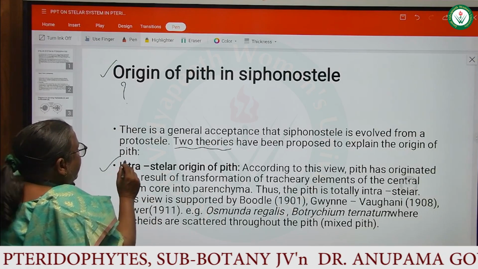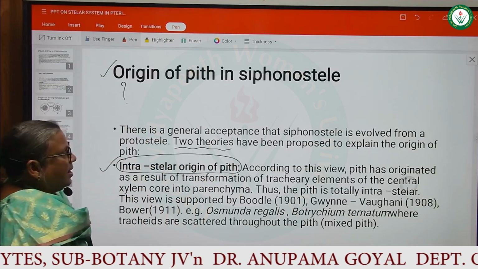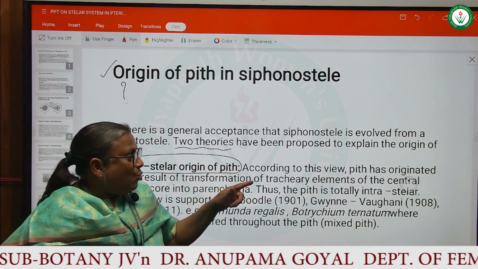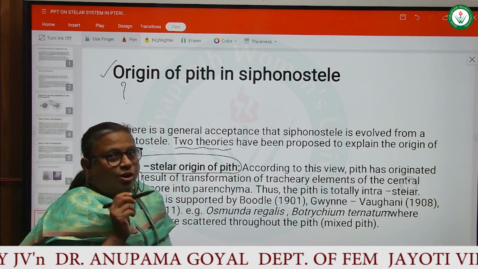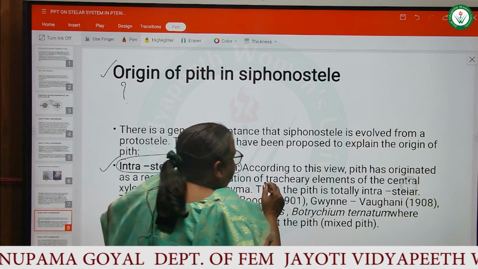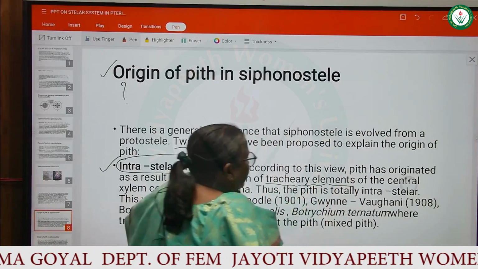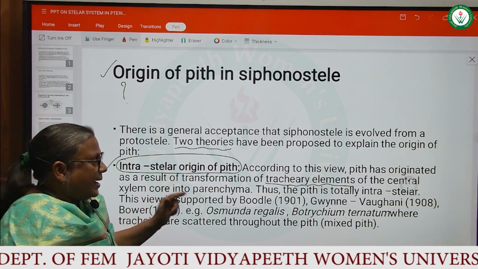First is the intrastelar origin of pith. According to this view, pith has originated as a result of the transformation of tracheary elements of the central xylem core into parenchyma.